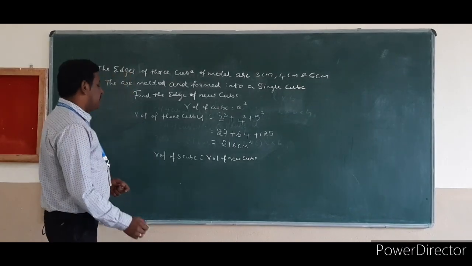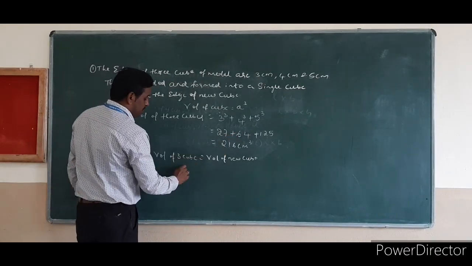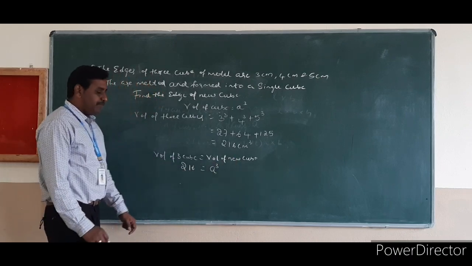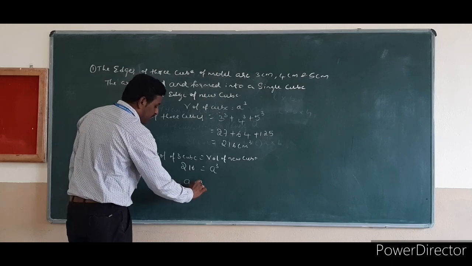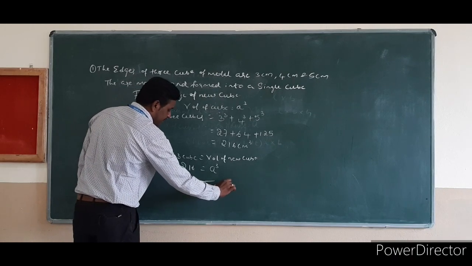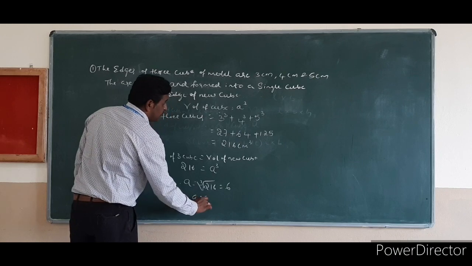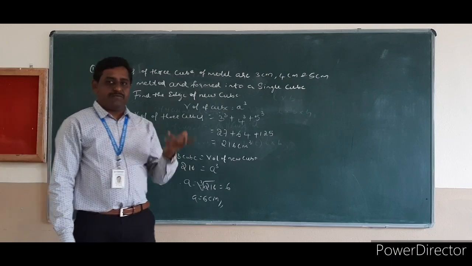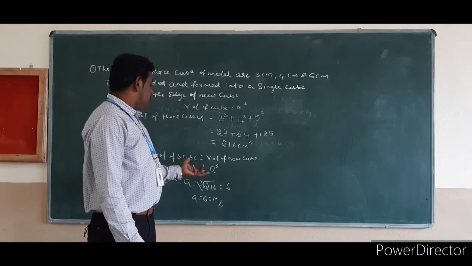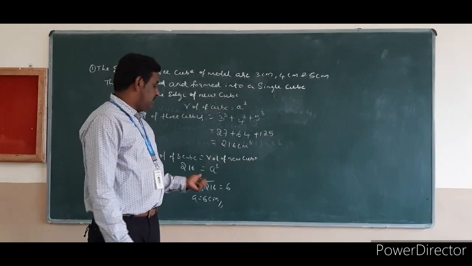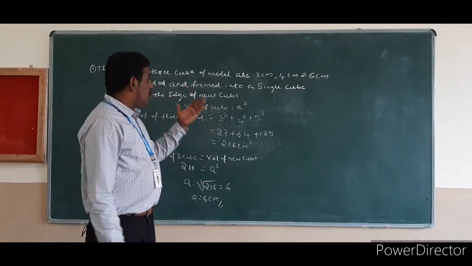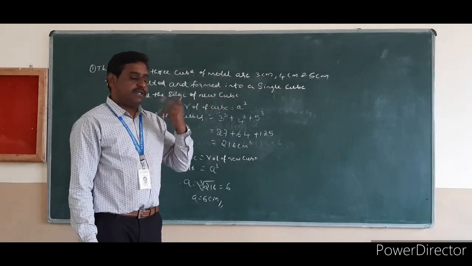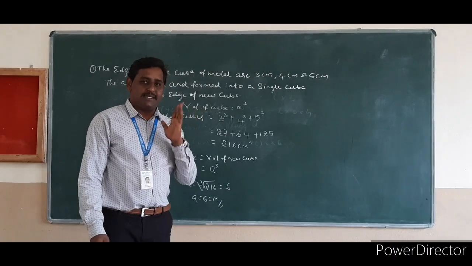What is the volume of the new cube? 216. The formula is A cube, so the cube root of 216 is equal to 6. A is equal to 6 centimeter. So after recasting the 3 different cubes into a single cube, the side of the new cube is 6 centimeter.